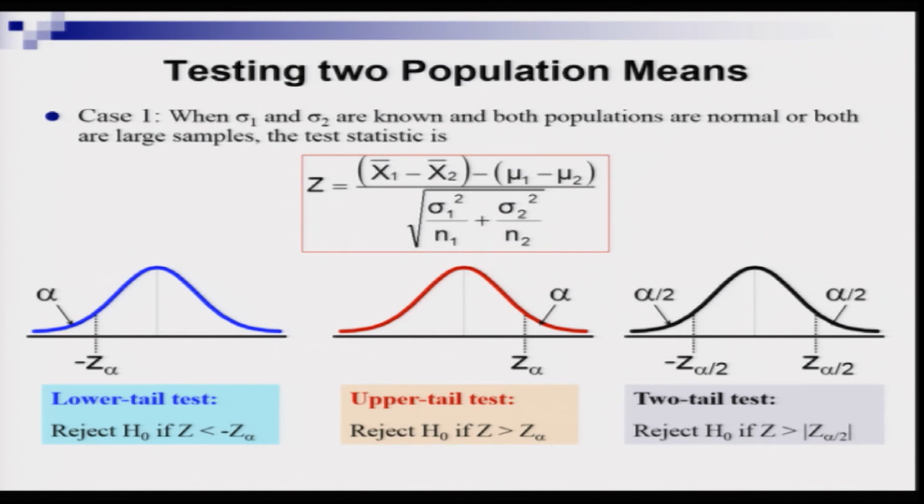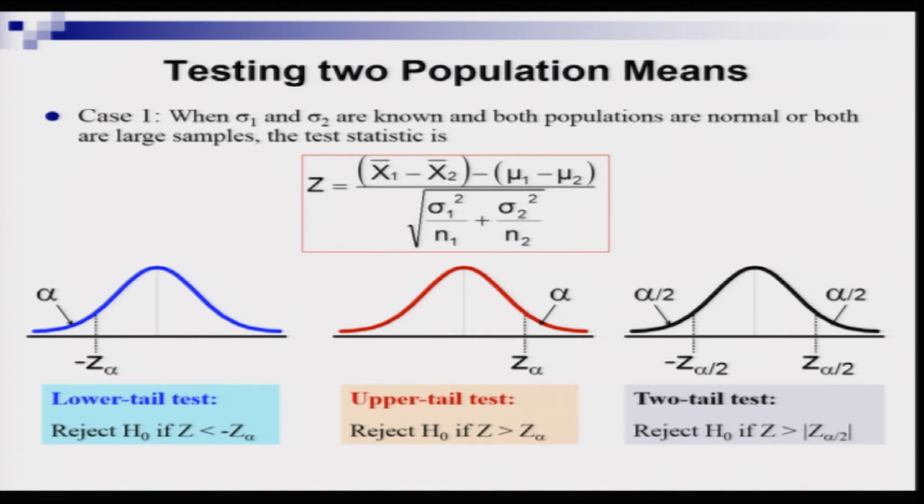So, this is basically the difference between the difference of sample means and the population means, and that grand difference should be divided by the square root of sigma square 1 divided by n1 plus sigma square 2 divided by n2. It is a complicated formula, but this is very useful in applied social science research. So, that is why I am showing you this formula.